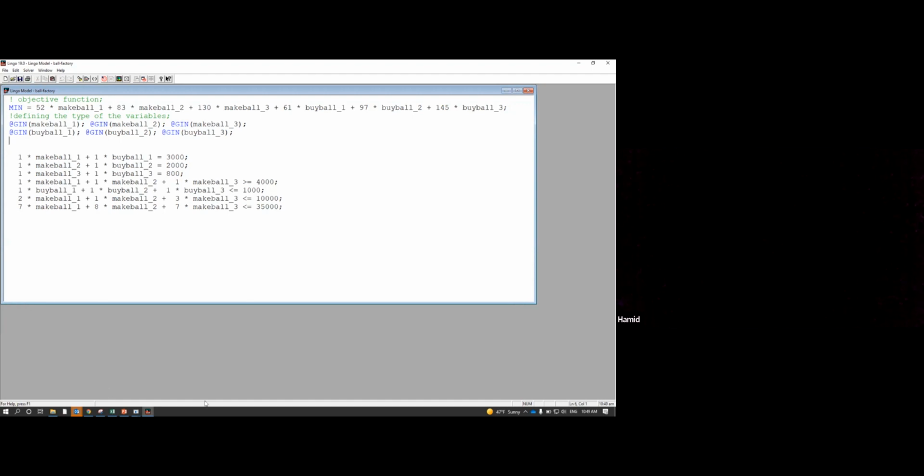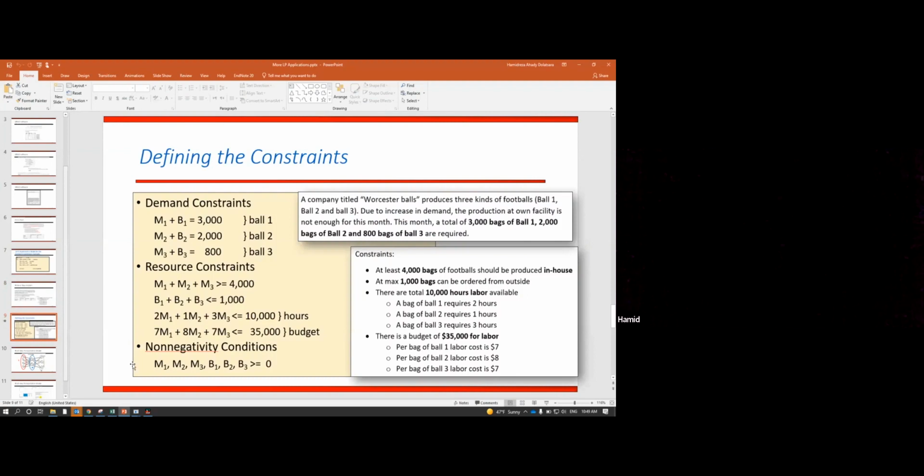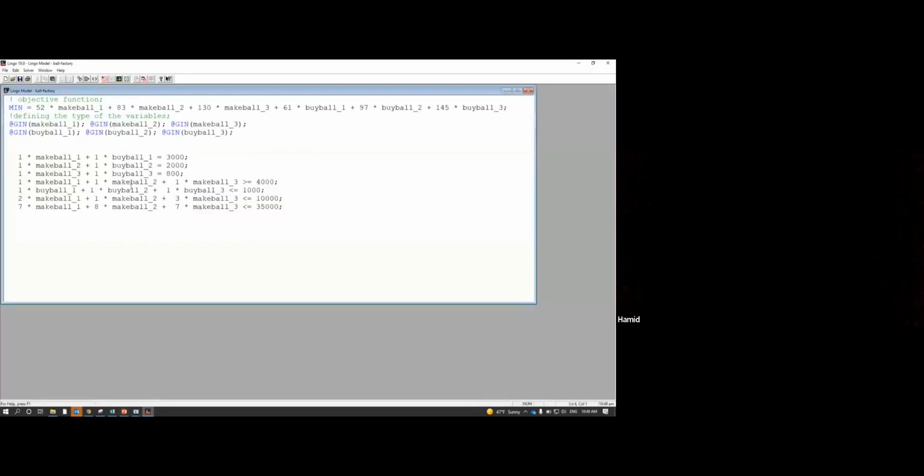Also, similar to before, all of these constraints, I'll just type here. As you see, the first 3 are about your demand. The second 2 are about policies that you have for buy or make.